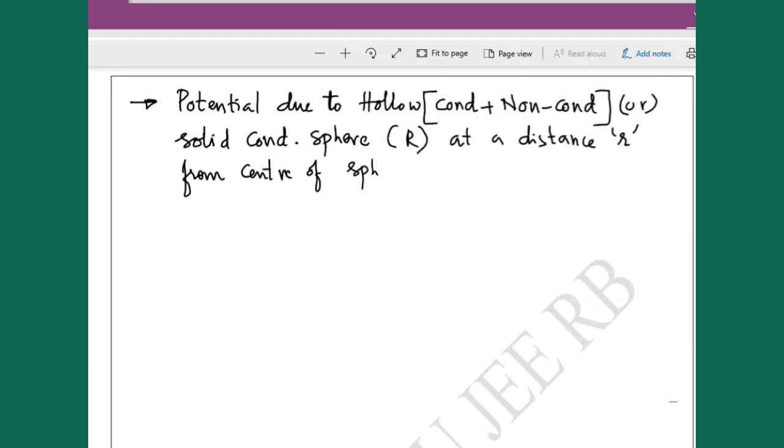Is it clear, this one? Center of sphere, outside and inside. We would like to calculate the potential outside and inside.